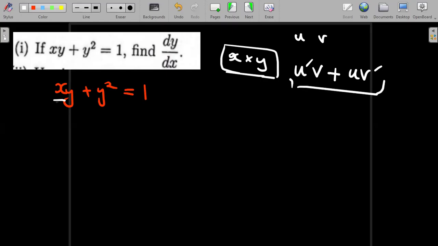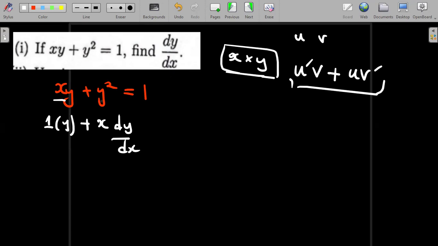So when we differentiate x, x just gives us what? 1. Then you keep the second part the same, which is y, like that. Then plus, you keep x the same, then differentiate y. So when you differentiate y, you have 1, but we're differentiating with respect to what? To x. So there, that will have dy dx, like that, because this y is not x.